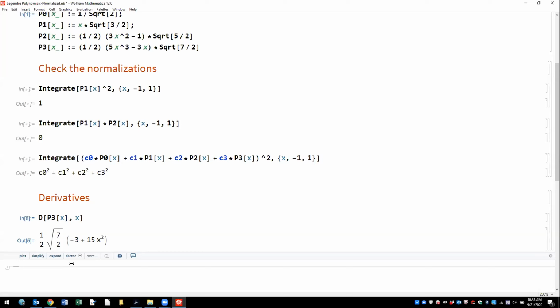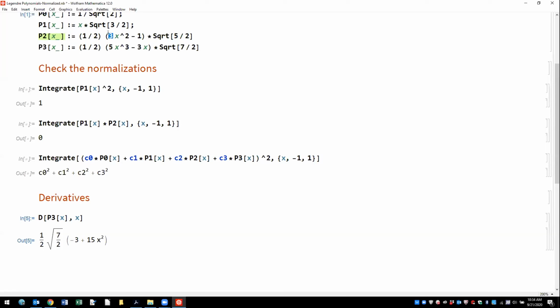But let's look carefully at the derivative of P3. In the derivative of P3, I've got that one of these coefficients is minus 5 times the other coefficient. Whereas in P2, one of these coefficients is minus 3 times the other coefficient. You see, you've got a -1 here and a +3 there.